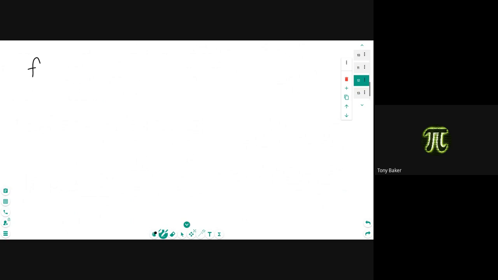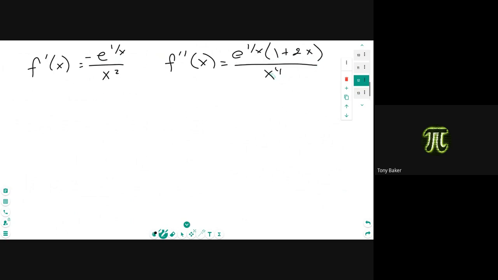So first derivative, second derivative, and original problem.